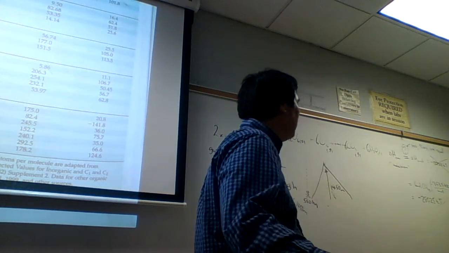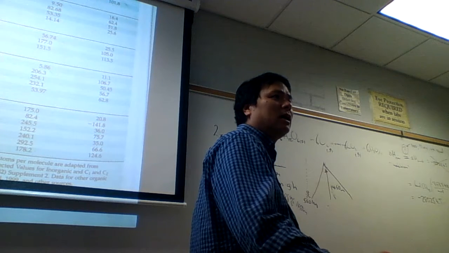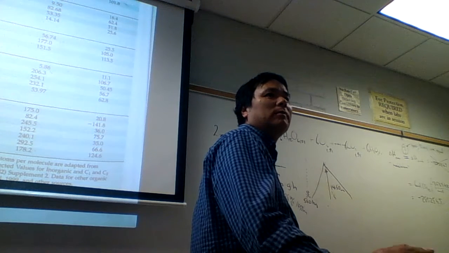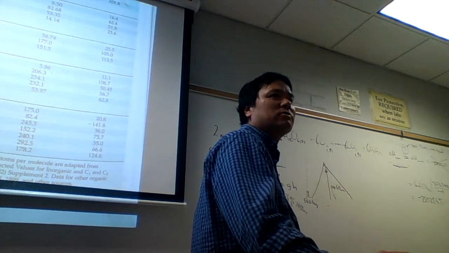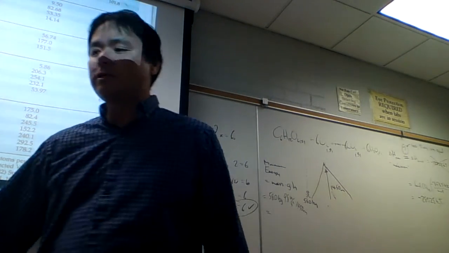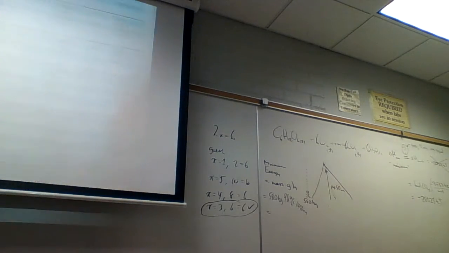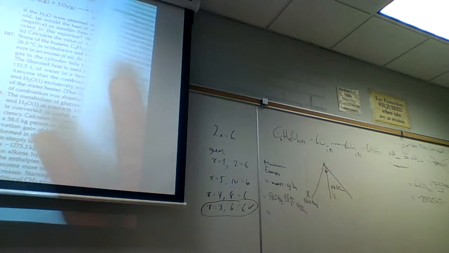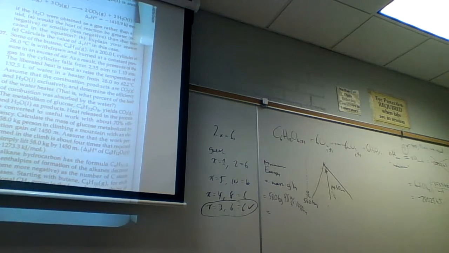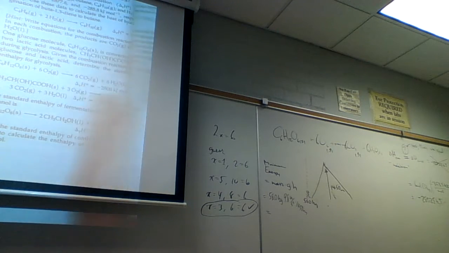Well, you know what? Let's do a side calculation. The amount of work Petrucci's going to tell you is really small. In fact, this is what Petrucci says to do. Have you looked at the homework? Do you know what Petrucci says to do?